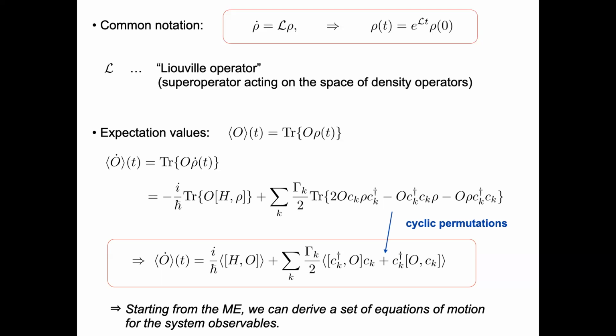But there are certain cases where it works, and very often you can do additional approximations, and then, without looking at the density operator, which is often an object that doesn't tell you a lot, we can directly work with the expectation values.